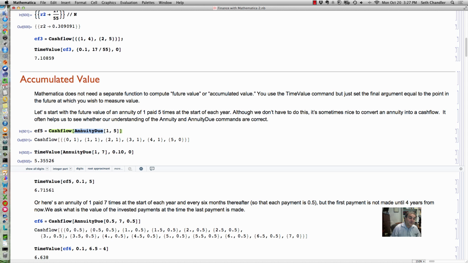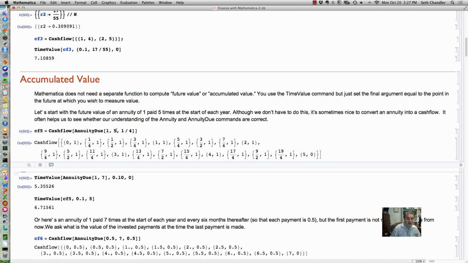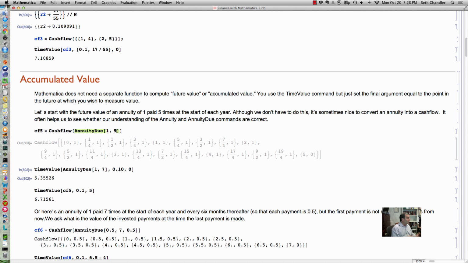But if you're like me and you sometimes can't remember the difference between an annuity due and an annuity, or there are more complicated specifications of an annuity, where what if the payment is made 4 times a year, you can convert it into this cash flow form, which is easier to understand. It's more explicit and informative.